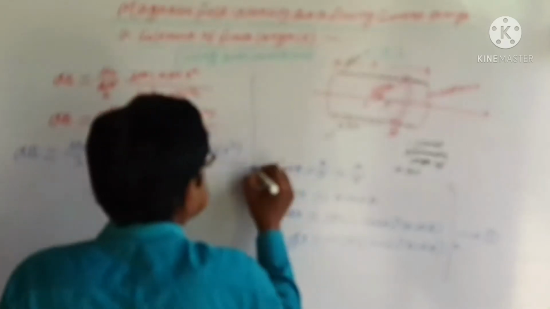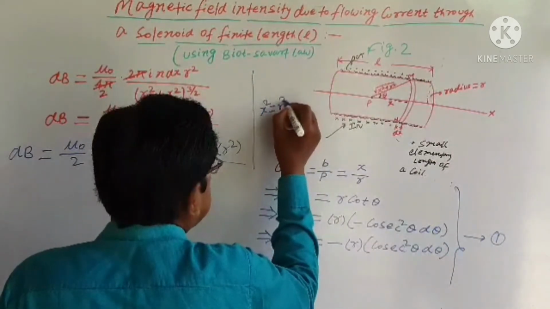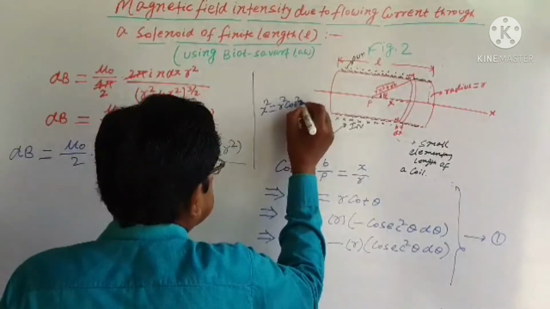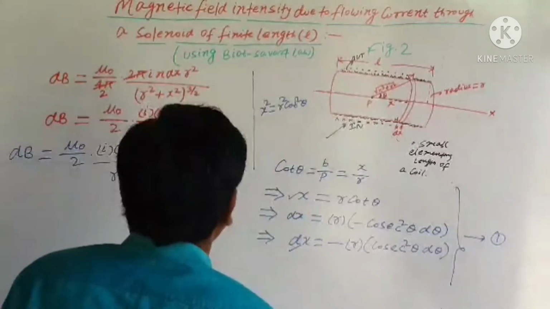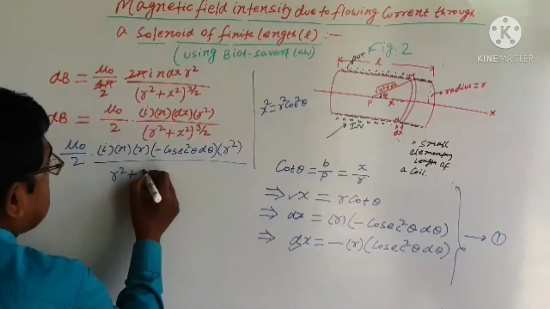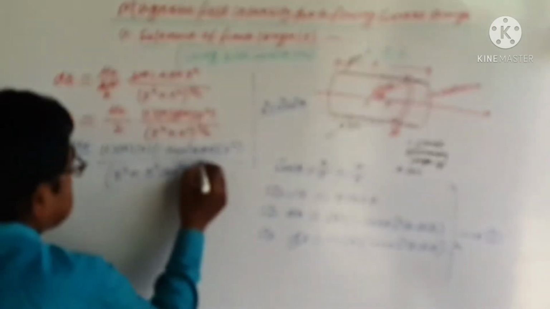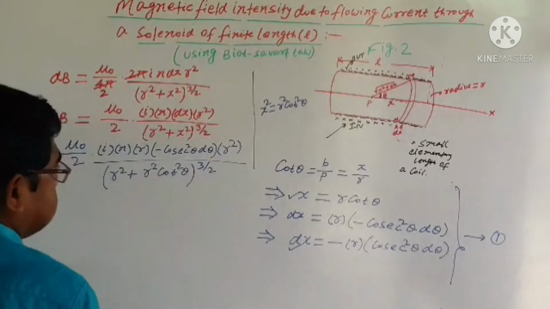So, x square is equal to r square cot square theta. So, we place here r square cot square theta to the power 3 upon 2.